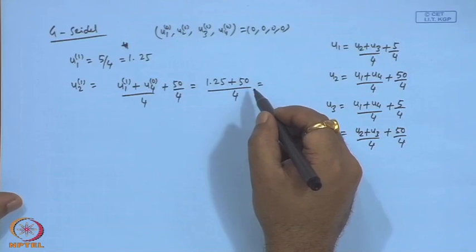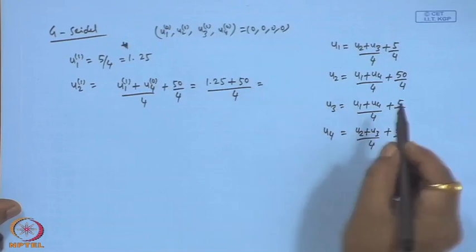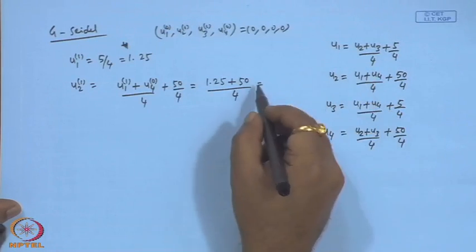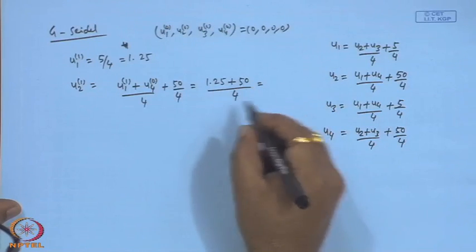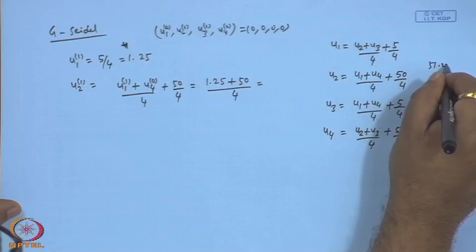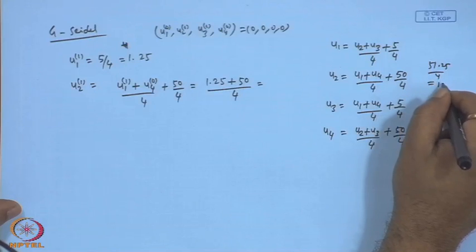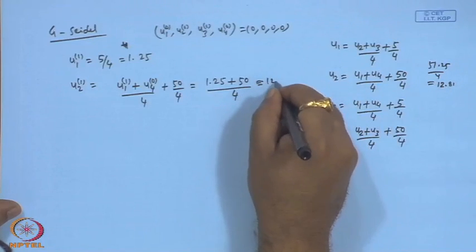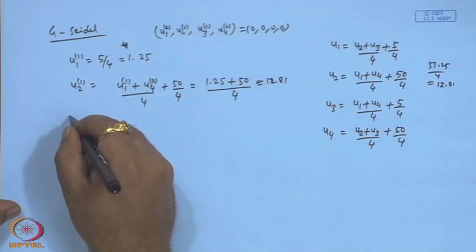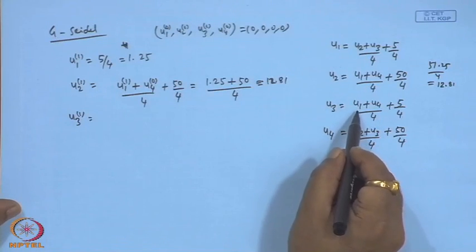So, this will be, so this is 51, so 51.25 by 4, so it is roughly 12.81.